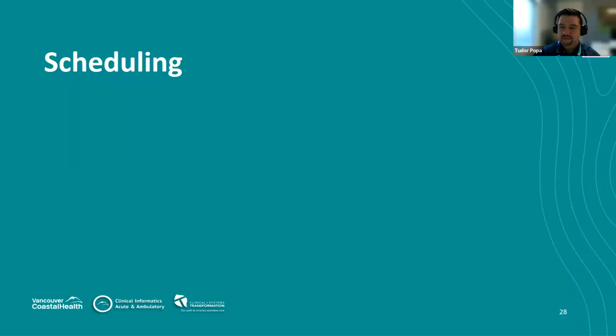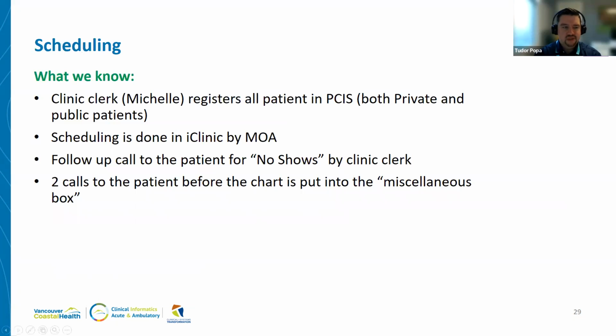Hi there. So we'll talk a little bit about scheduling. Again, we'll start with what we know, some of the information we gathered from our previous meetings and the questionnaire. Some things we already talked about, but we're double checking for our books. Our understanding is Michele registers patients, both private and public, in PCIS. Is that correct?